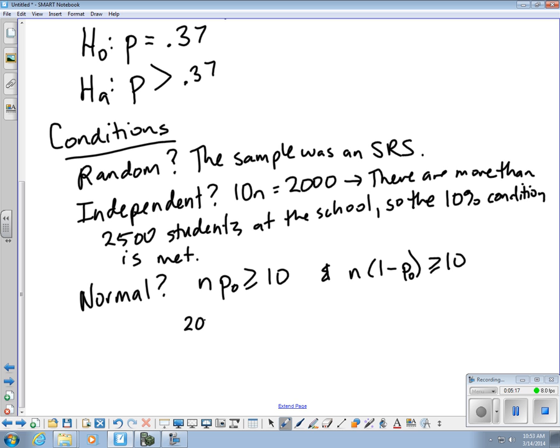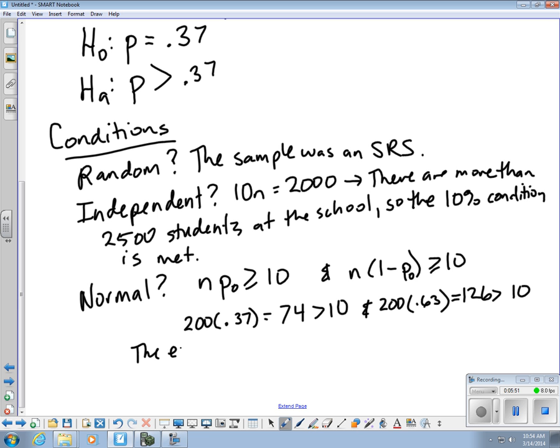So we have 200 times 0.37, which is 74. That's bigger than 10. And then we have 200 times 1 minus 37%, which is 63%. That's our probability of getting an unsatisfied customer if the null hypothesis is true. So that's 126, which is also bigger than 10. And so now you want a little concluding sentence explaining what you just found.